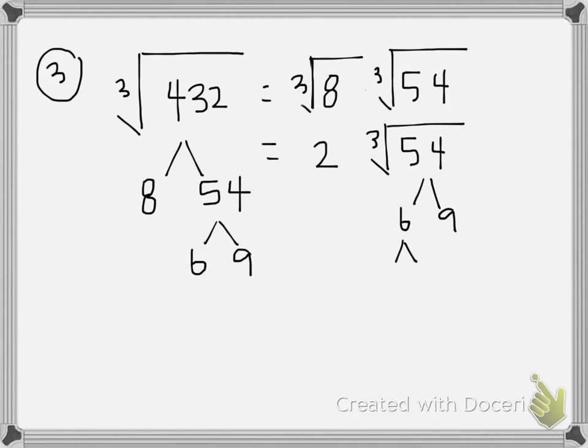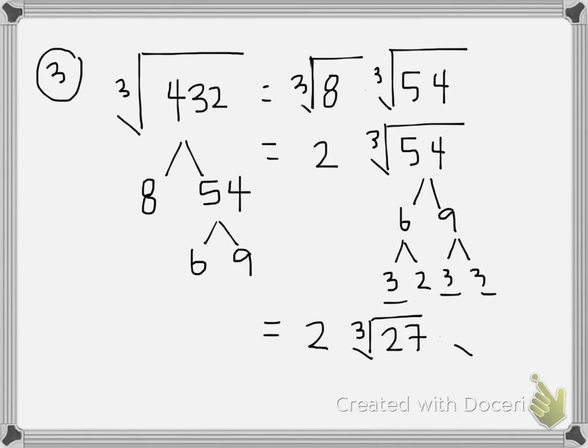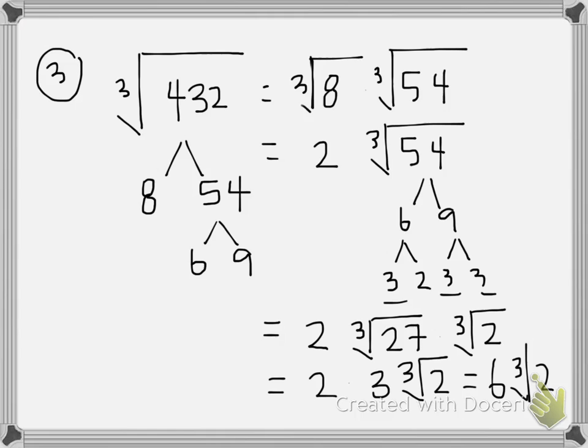So 6 is 3 times 2, and then 9 is 3 times 3. So this is also going to be 3 times 3 times 3, which is 27, times the cube root of 2. Cube root of 27 is 3. So this is going to be 6 cube root of 2.